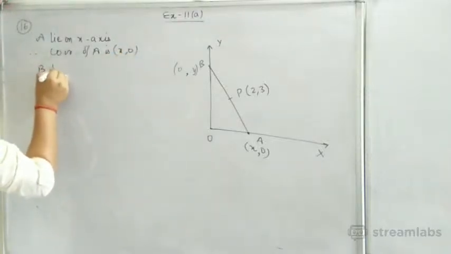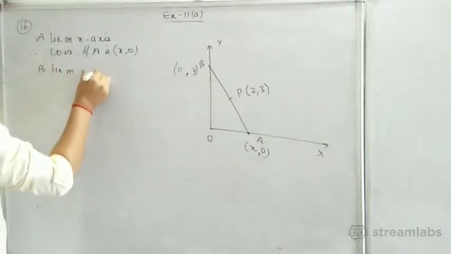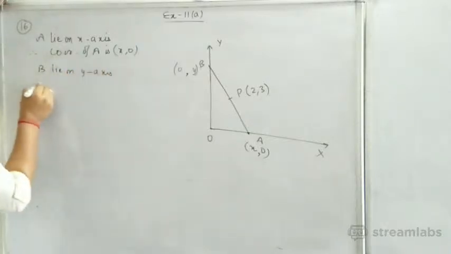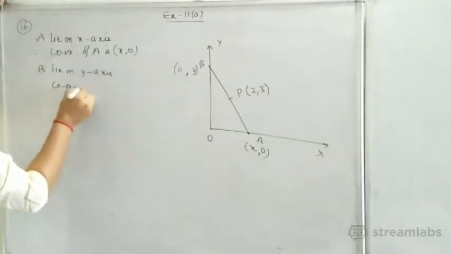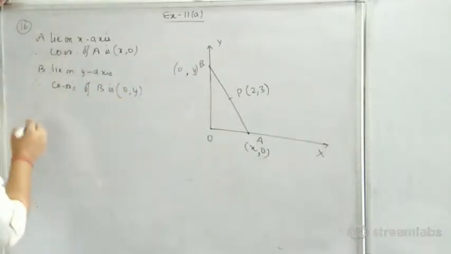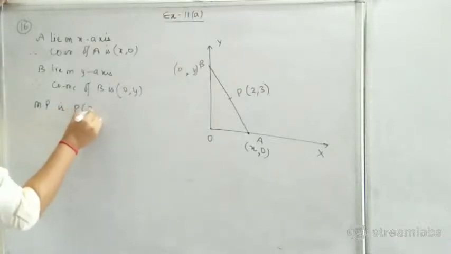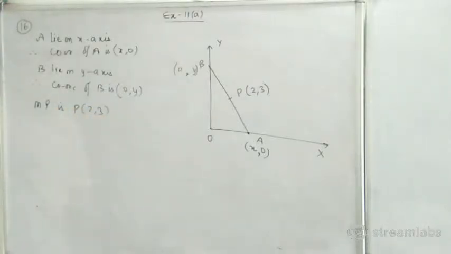Next, B lies on the y-axis, therefore the coordinate of B is (0, y). Midpoint is P (2, 3), given in our book.